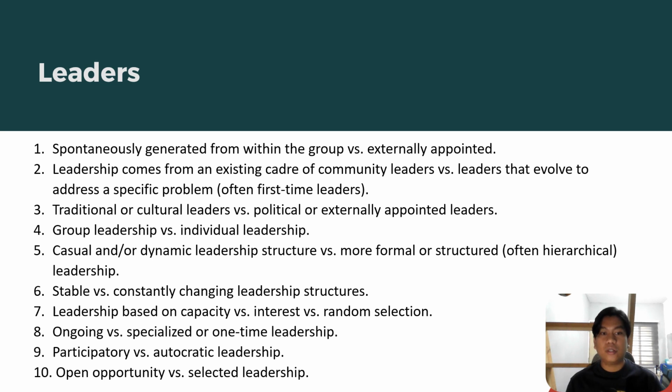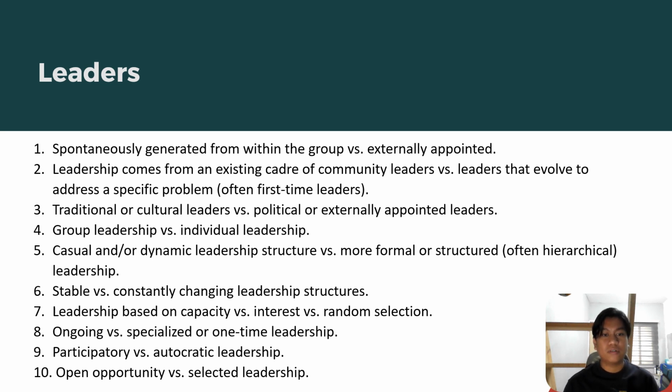Third, traditional or cultural leaders versus political or externally appointed leaders. Fourth, group leadership versus individual leadership. Fifth, casual and/or dynamic leadership structure versus more formal or structured leadership.